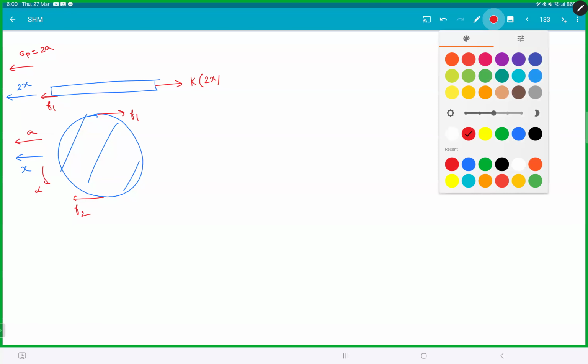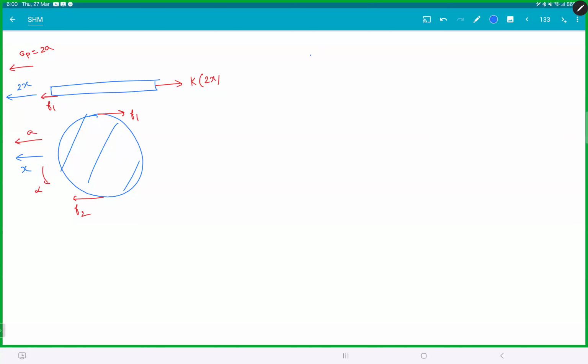Check your FBD. For the plank, there are two different frictions actually. One friction between the plank and the cylinder and one between the plank and the ground. This will be F1 minus 2kx is equal to mass into acceleration of the plank, which is m into 2a. So we have one equation here, F1 is 2kx plus 2ma.